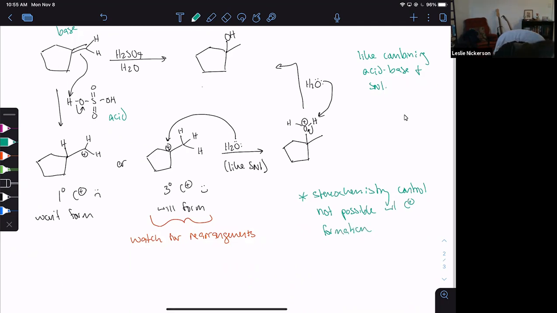Okay, in this case, this is achiral, so we don't really have an issue with the stereochemistry, but you're going to have the exact same situation if you're forming a stereocenter.